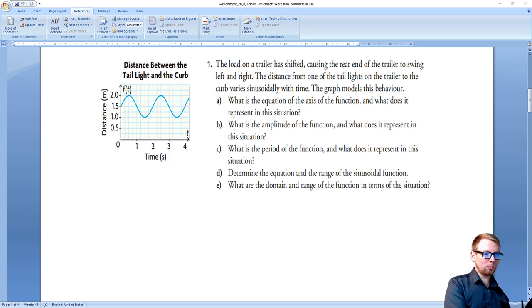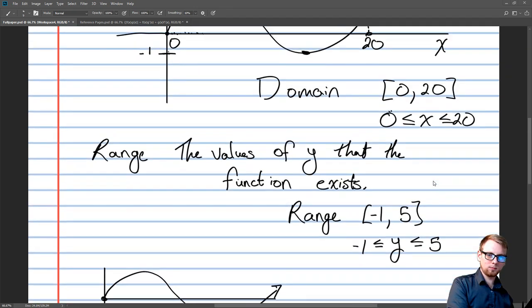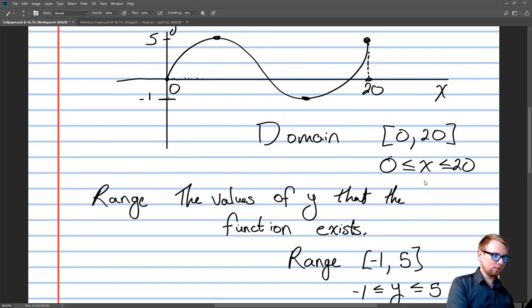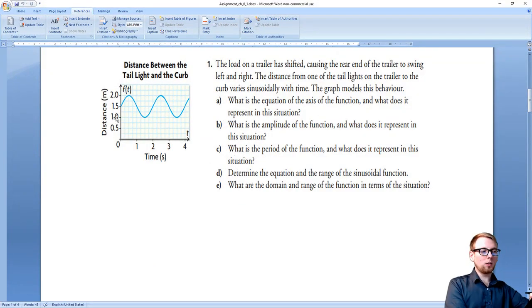Remember our example? Our example went from the bottom value to the top value. That was the range. So for us in this question, the range is from 1 to 2. So our distance, f of t, goes from 1 to 2.